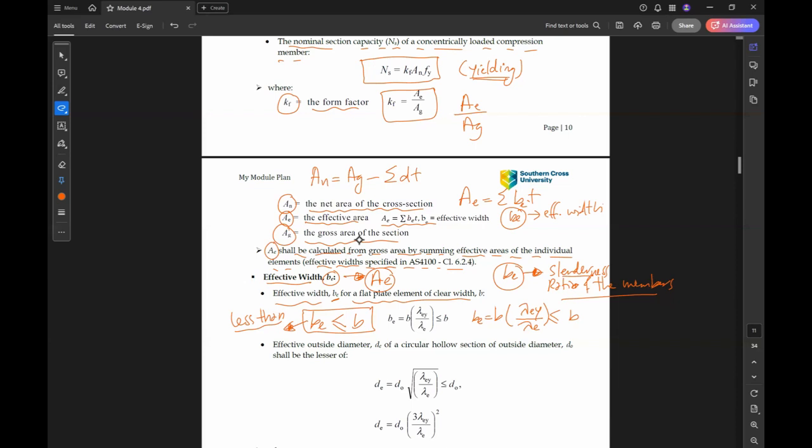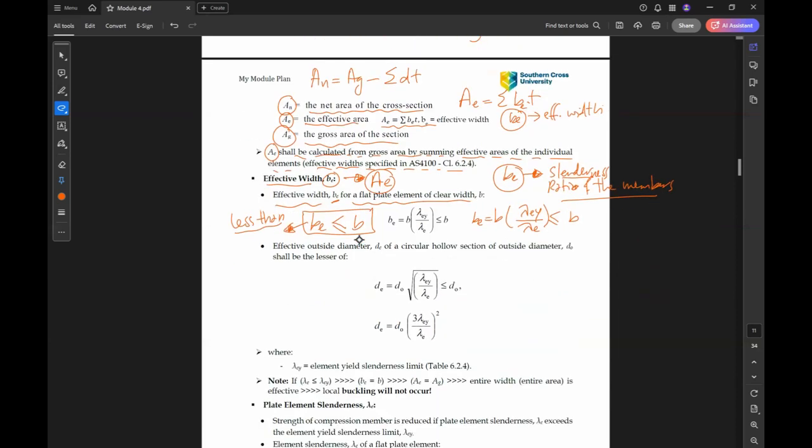The effective outside diameter DE of a circular hollow section of outside diameter DO, or D naught, shall be the lesser of these two values. Take the lesser of. This is only for circular hollow section.